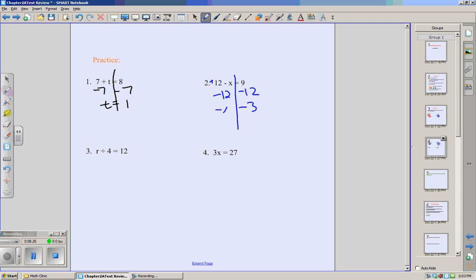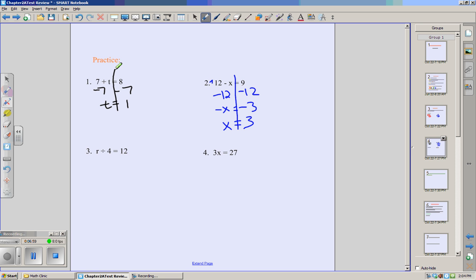I have a negative x equals negative 3. Now, I do not want a negative variable. So the opposite of negative x, I can do the inverse of negative x, which is also negative 1x, and that gives me x equals 3. That is a peculiar problem that I put in. It's a little bit different, but it shows you one example of how one-step algebra can be tricky.